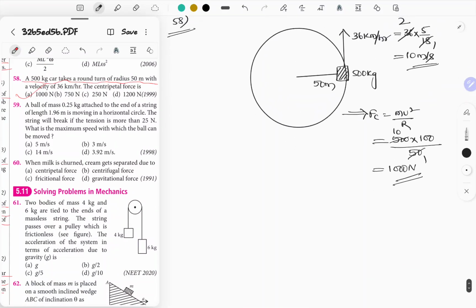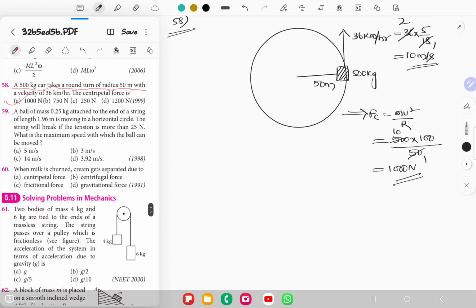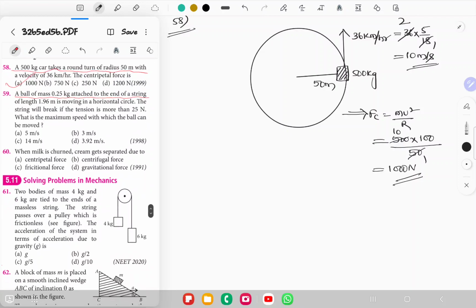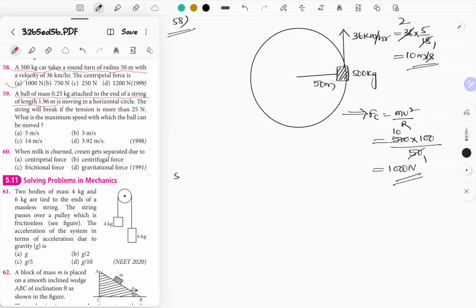Next, question number 59. A ball of mass 0.25 kg attached to the end of a string of length 1.96 meter. Okay, question number 59. So there is a string and a ball is connected. What's the mass of the ball?